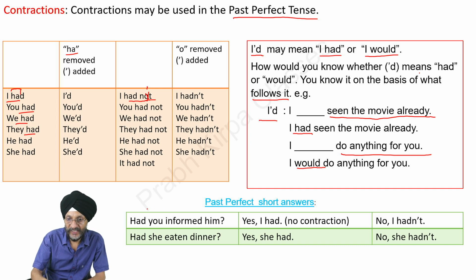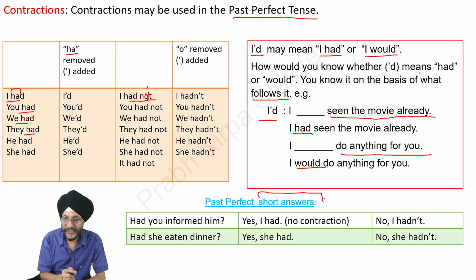So next, we can also give short answers whenever there is a question in the case of past perfect tense. If the question is like this, had you informed him? The answer will be yes, I had. You will see that there is no contraction. We will not say yes, I'd.